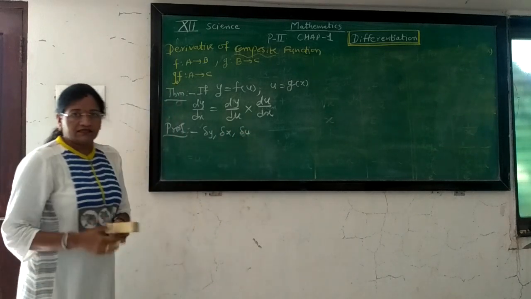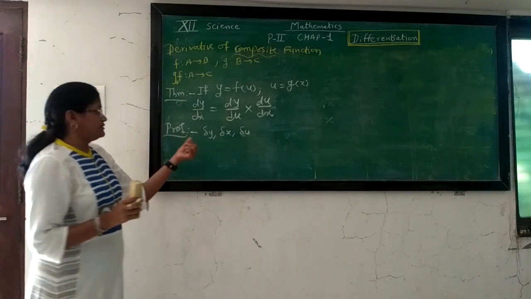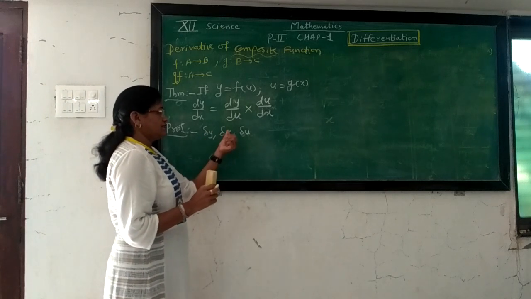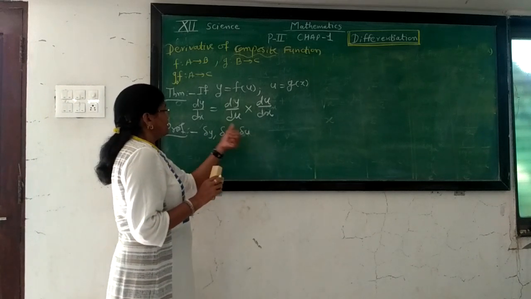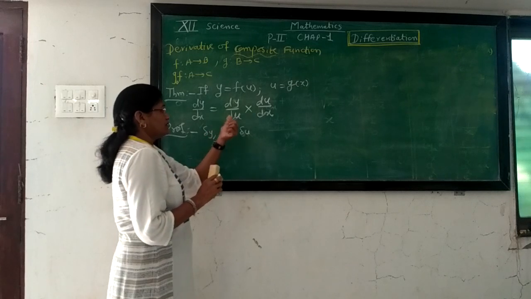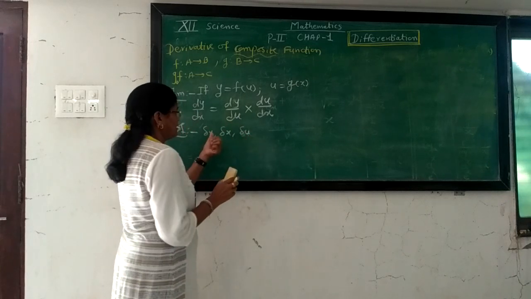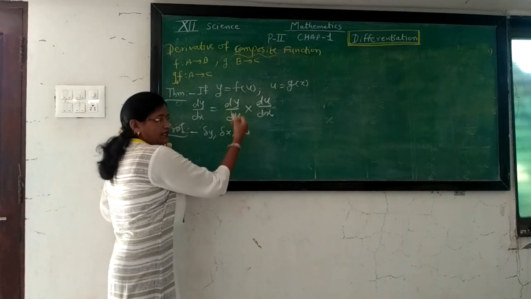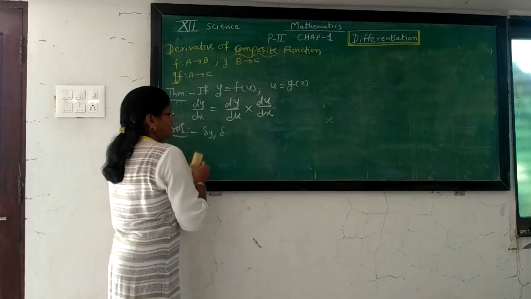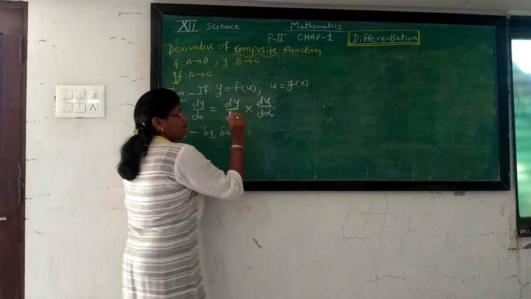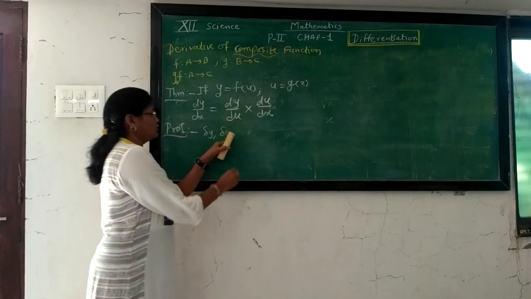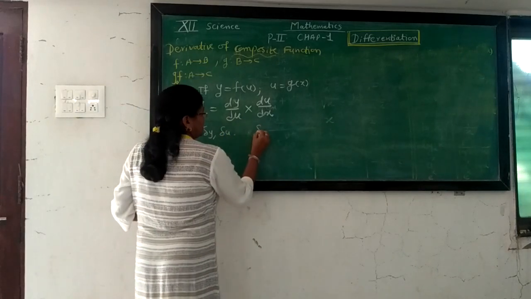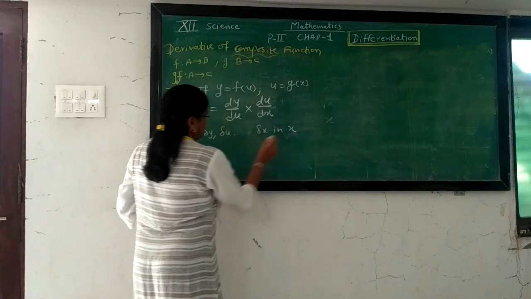These are three small increments in the corresponding functions y, x and u. Since y is a function of x and u is a real function of x, delta y and delta u are small increments in y and u corresponding to the increment delta x in x.